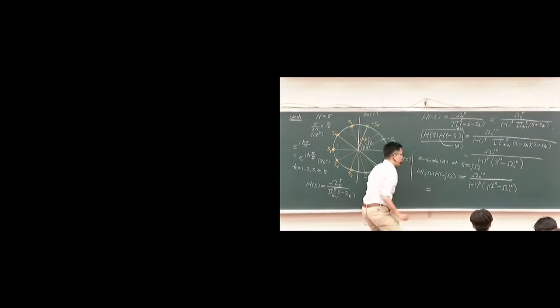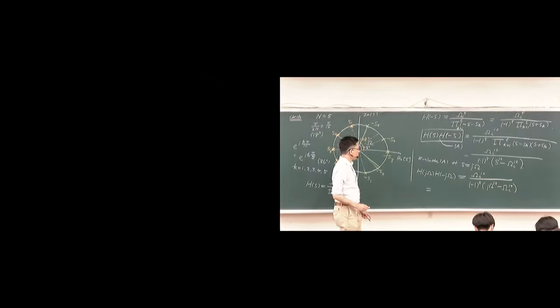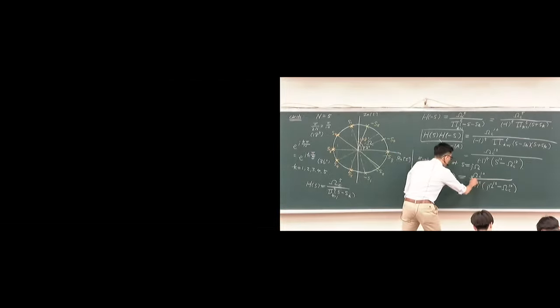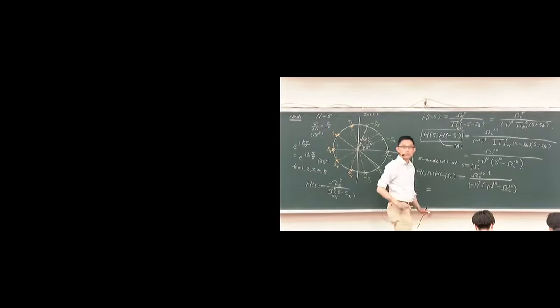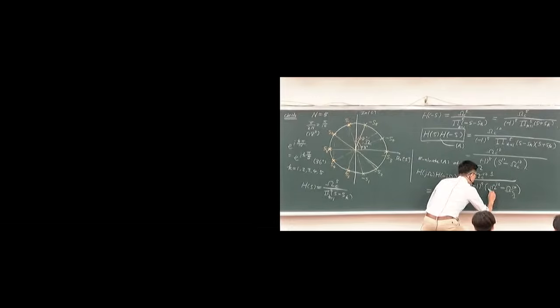So we are really close. Let's introduce some cleaning up. How about we divide the top and bottom by omega c to the 10th power? So that becomes that, and here we have omega c to the 10th power.